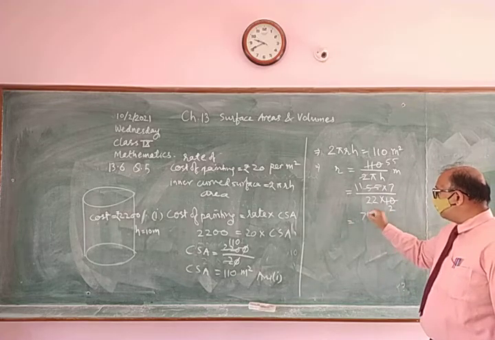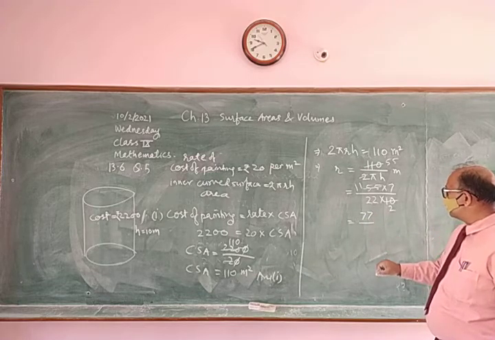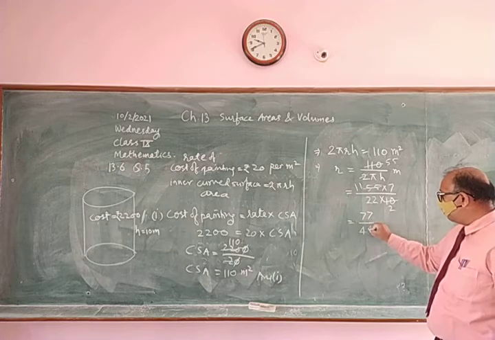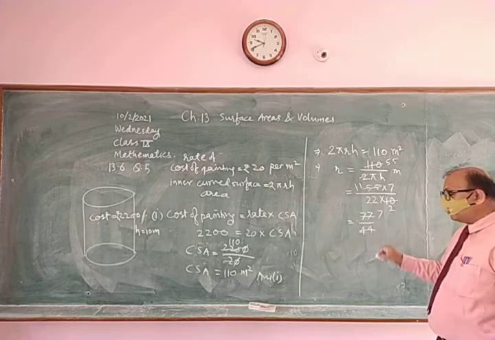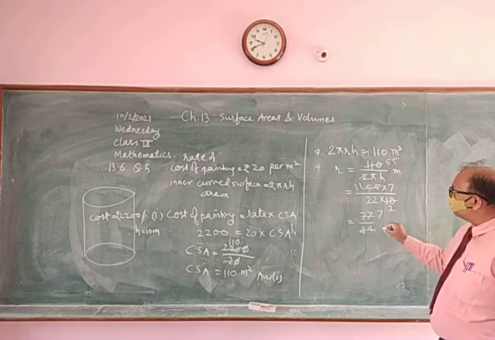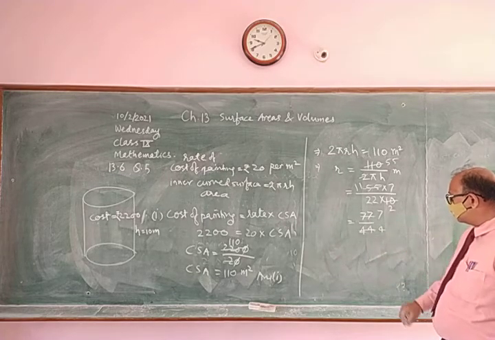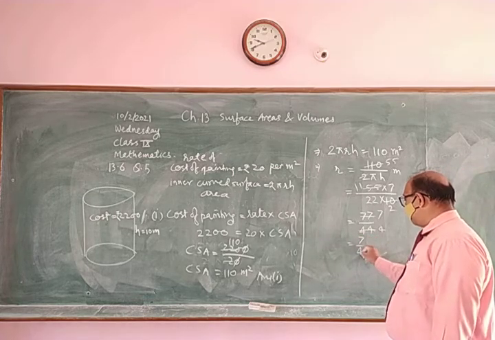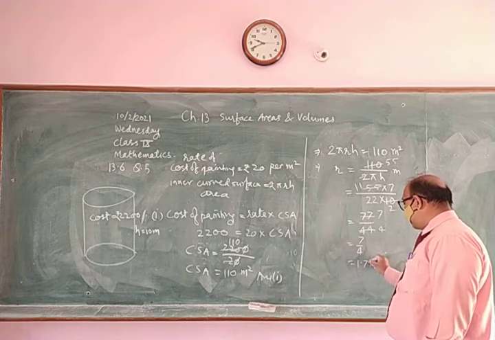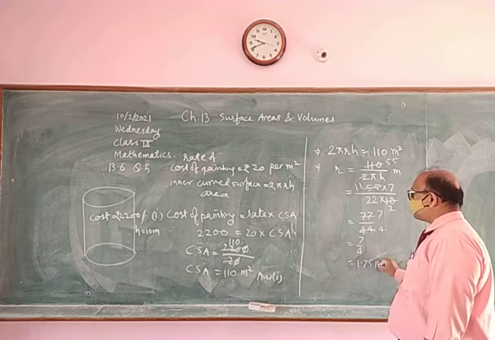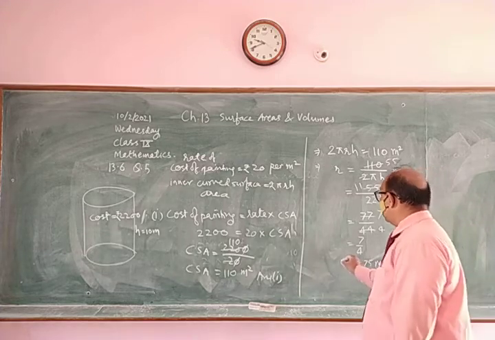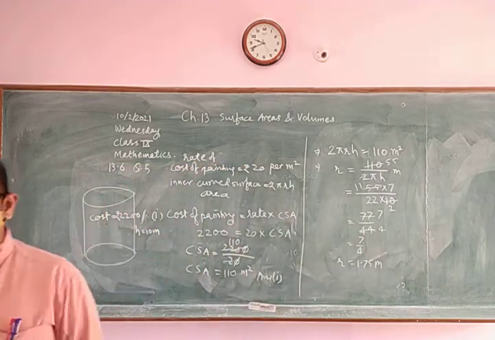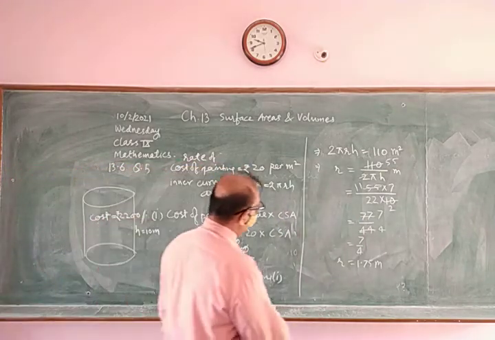Now 77 upon 40. 11 sevens are 77, 11 fours are 44. 7 upon 4 is the answer. 7 by 4 is 1.75 meter. So radius is equal to 1.75 meter. Now this is the second answer.